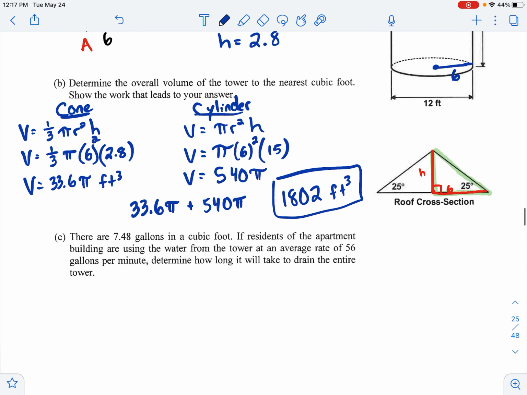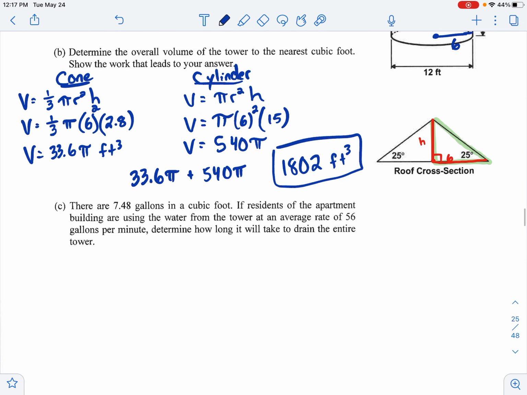All right, last part here. It says there are 7.48 gallons equal to 1 cubic foot. If residents of the apartment building are using the water from the tower at an average rate of 56 gallons per minute, determine how long it will take to drain the entire tower.